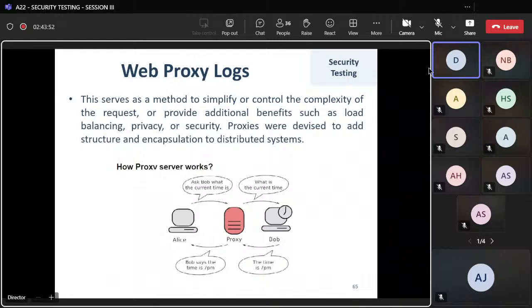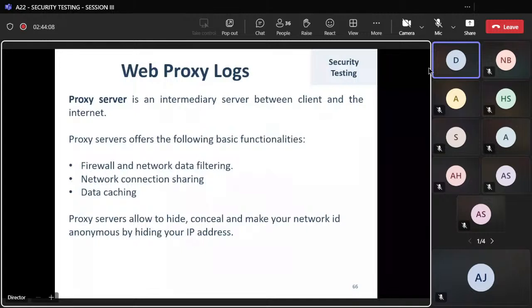So it acts as a kind of middleman between the client and the target. Do we have any doubts, any queries?